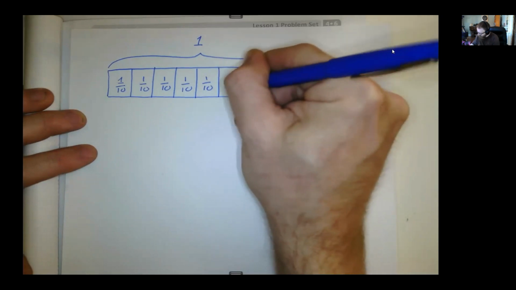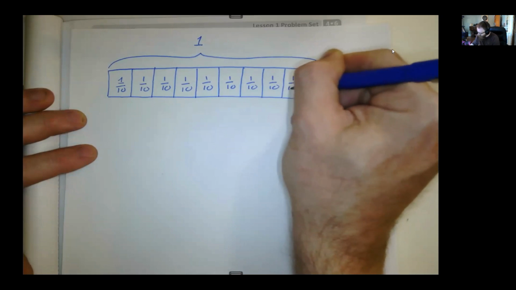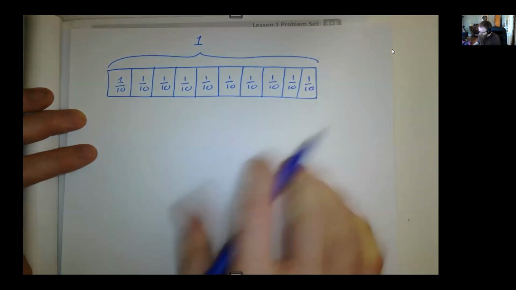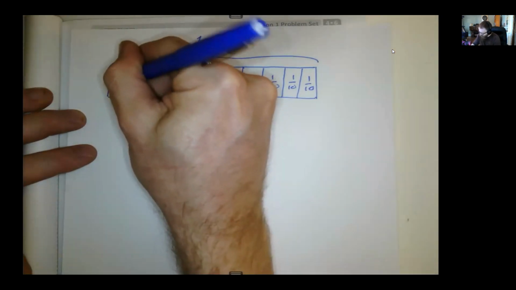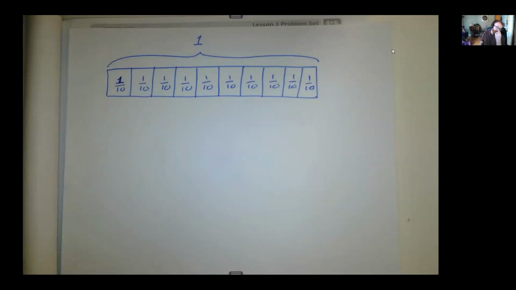Label each of your parts 1/10. Together, your 10 equal parts make one whole, and separately, they're each worth 1/10.